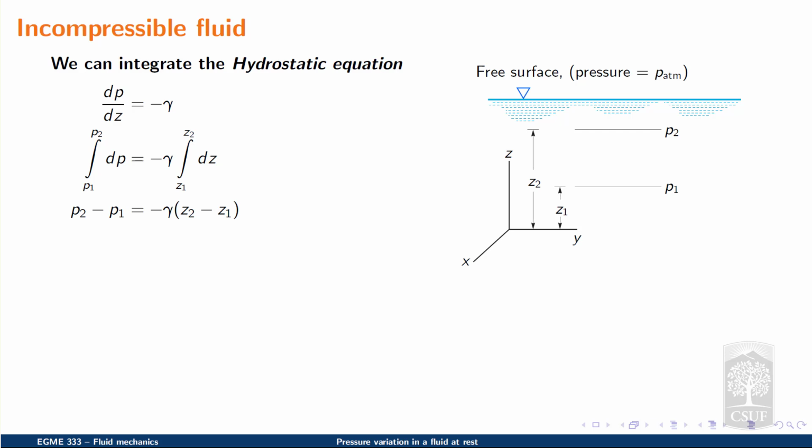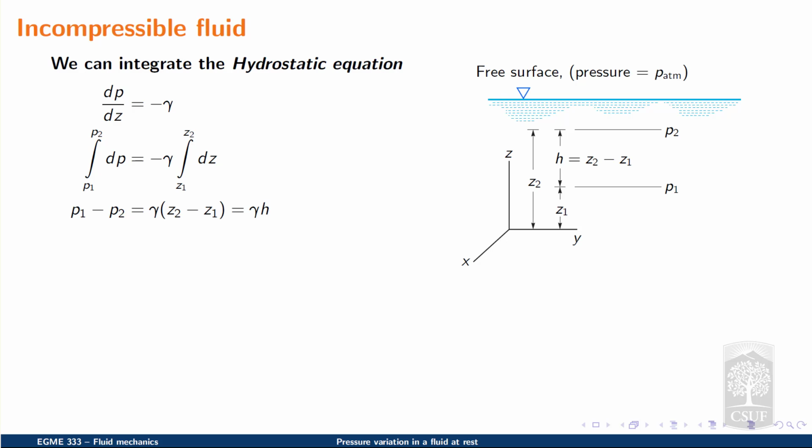So if we integrate, what we end up with is that p sub 2 minus p sub 1 is simply equal to negative gamma times z sub 2 minus z sub 1. I can multiply both sides by negative 1, and that leads to p sub 1 minus p sub 2 is equal to gamma times z2 minus z1. Essentially just got rid of the negative sign on the right-hand side and flipped the two terms on the left-hand side.